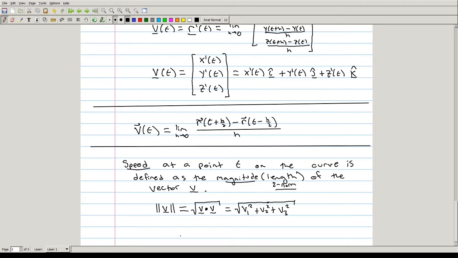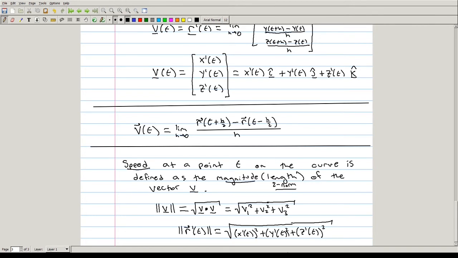So the speed is the magnitude of this vector v, in which case it's going to be the same thing as the magnitude of r prime of t. So this equation right here is the same thing as this equation right here; the second equation just denotes that explicit t dependence, the dependence on the parameter of the curve.